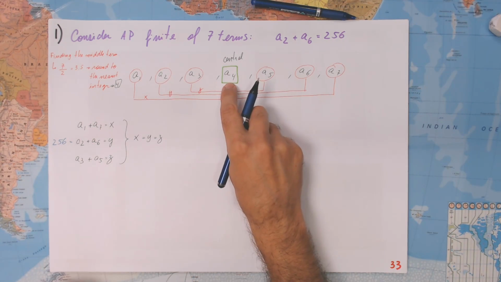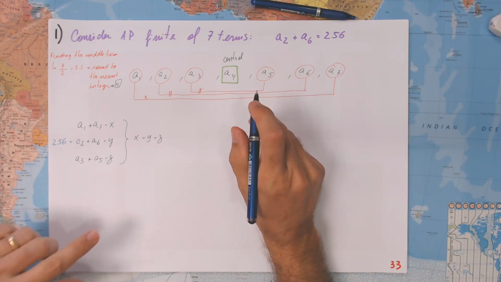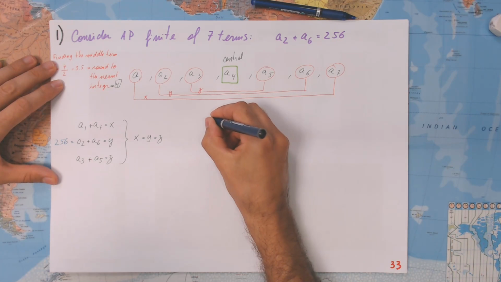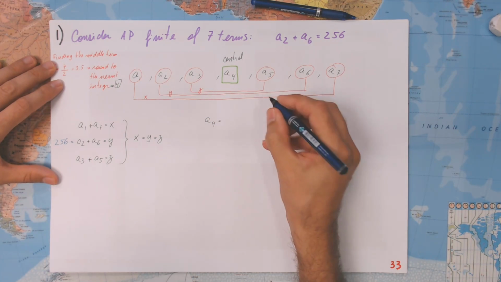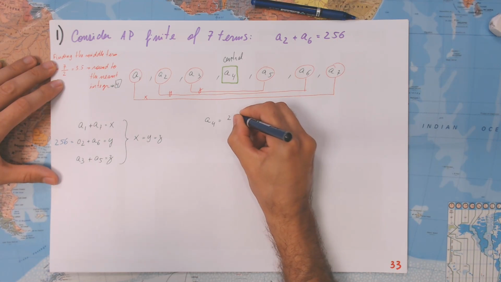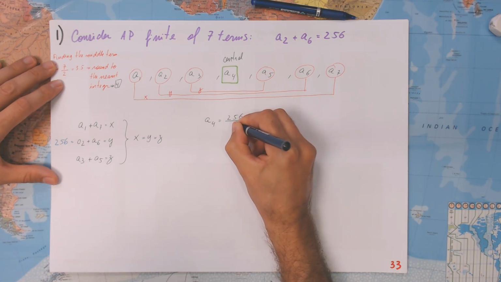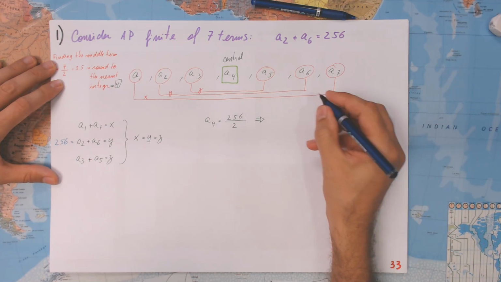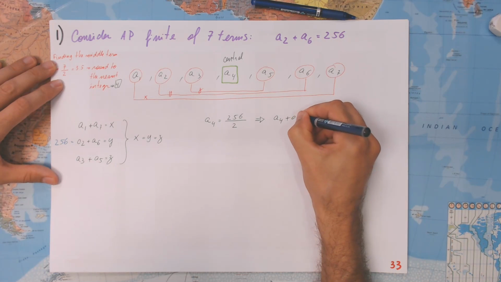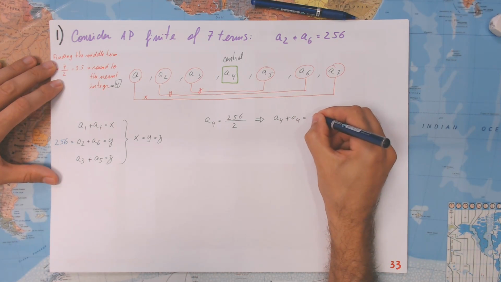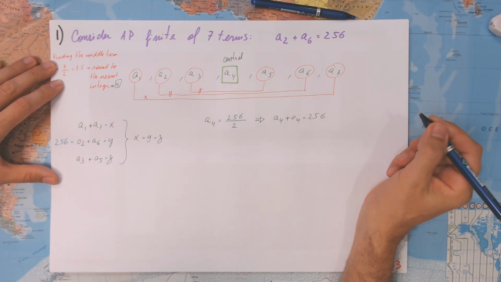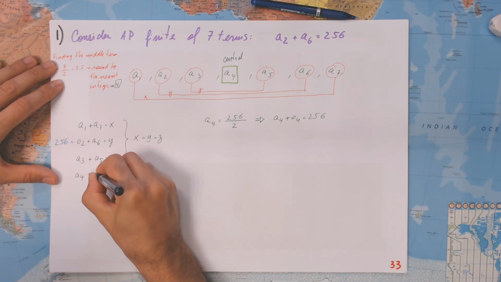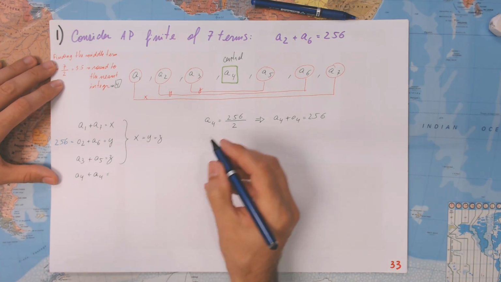Okay. Now, what can we say? We can find out what A4 is in 2 ways. So what is the first way we can find out? Well, A4, remember, is just half of this. Or in another way, we can say that A4 plus A4 is going to be 256.